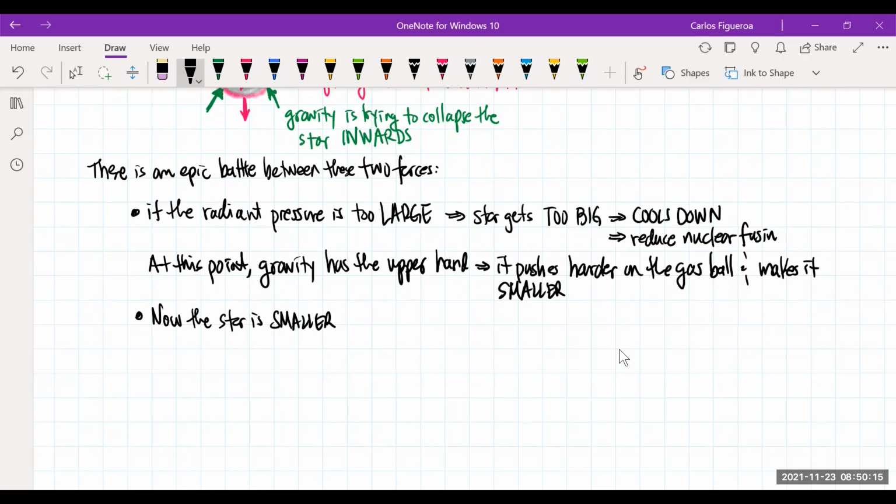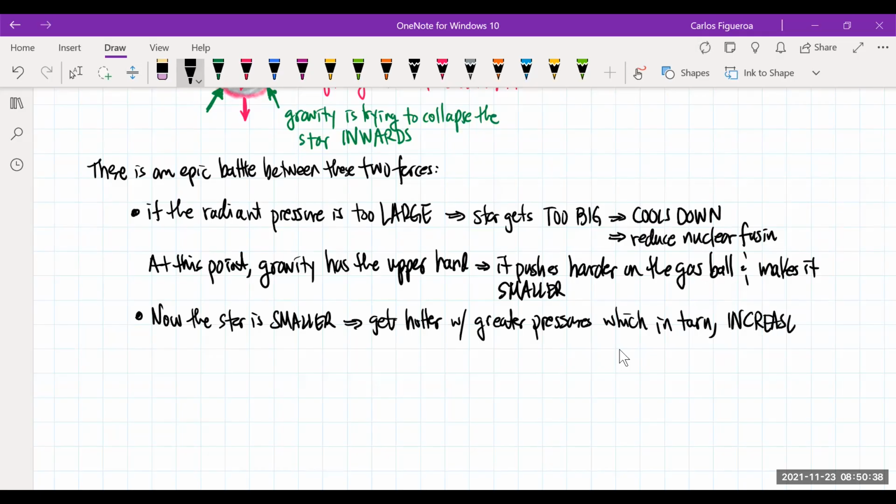And in this case, this implies that it gets hotter with greater pressures, which in turn increase the rate of nuclear fusion.